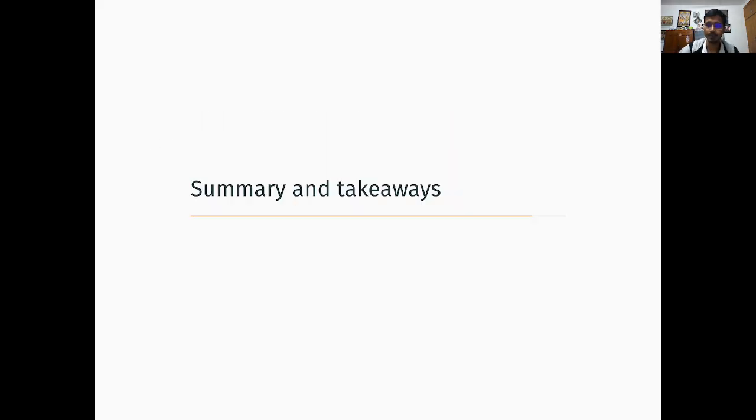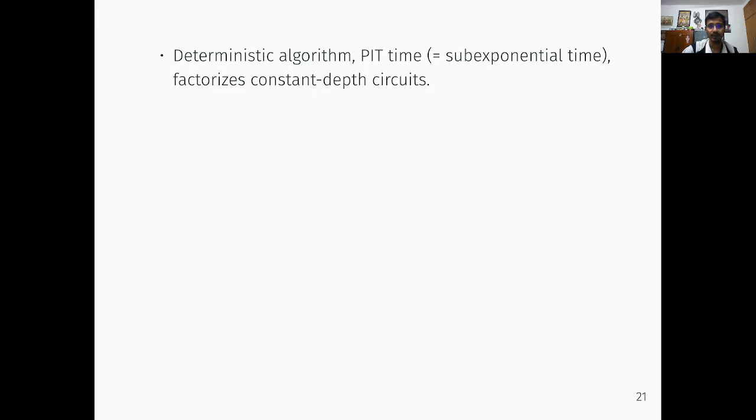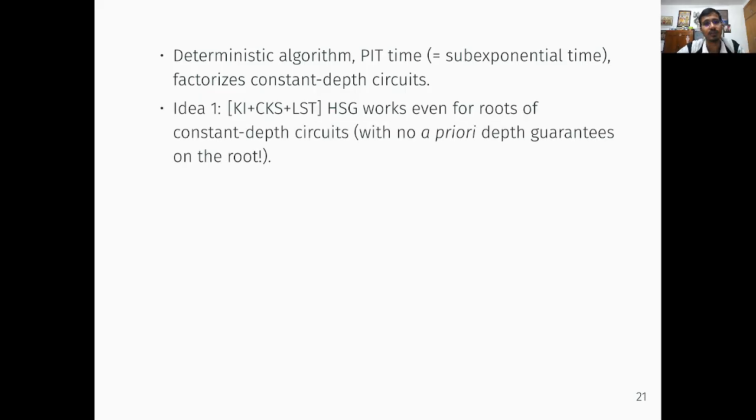So, a quick summary and some takeaways. We saw that there is a deterministic algorithm which factorizes constant depth circuits and runs in the same time as PIT. Further, the output of this algorithm is unbounded depth poly-sized arithmetic circuits.